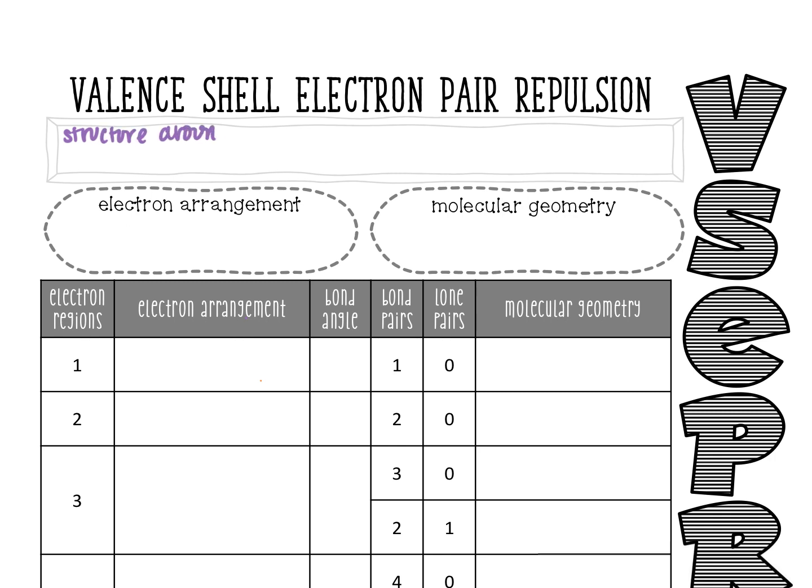around a given atom is determined by minimizing electron pair repulsions.